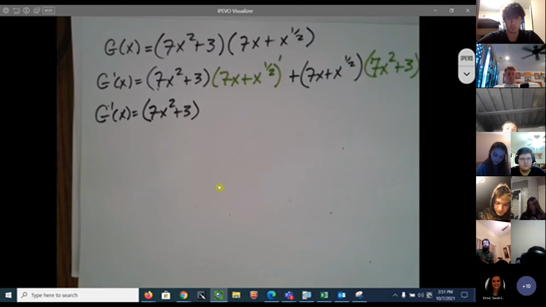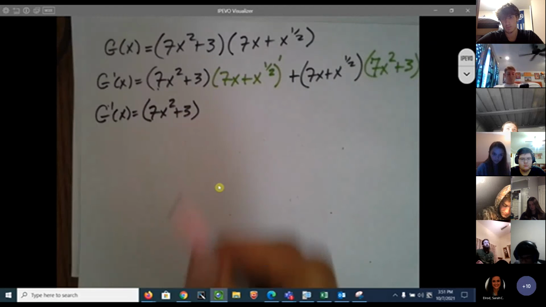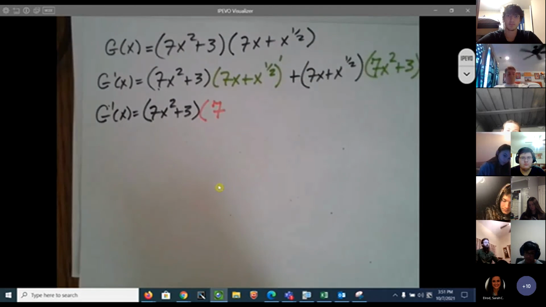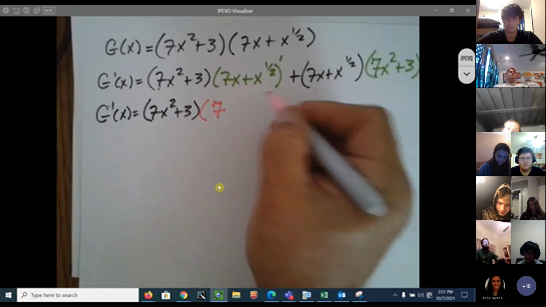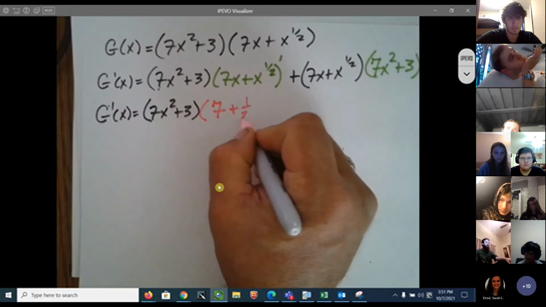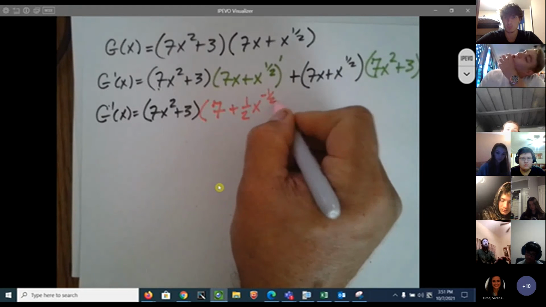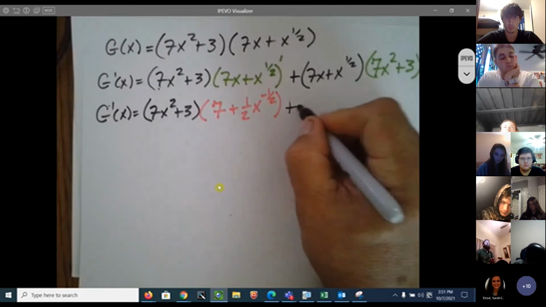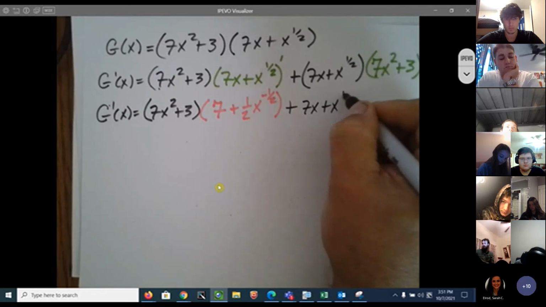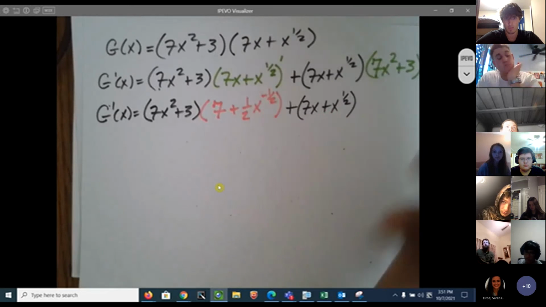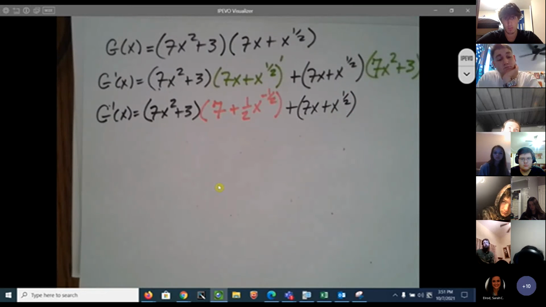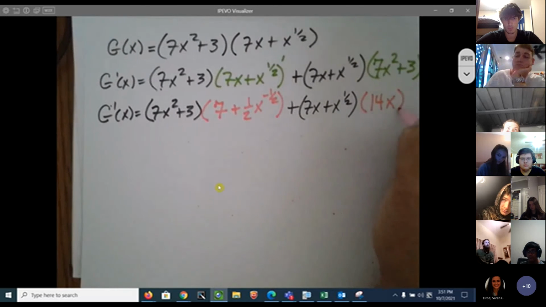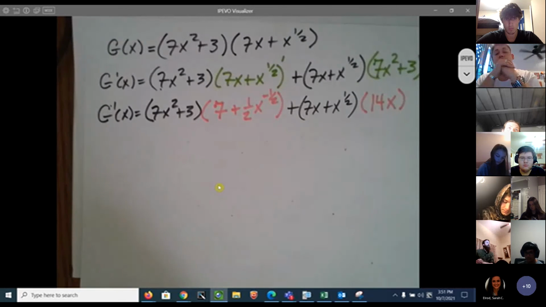Somebody tell me what the derivative of 7x is. 7. And what is the derivative of x to the 1/2? 1/2 x to the negative 1/2. Plus 7x plus x to the 1/2. And what is the derivative of 7x squared? 14x. The calculus is done. Now you're ready.